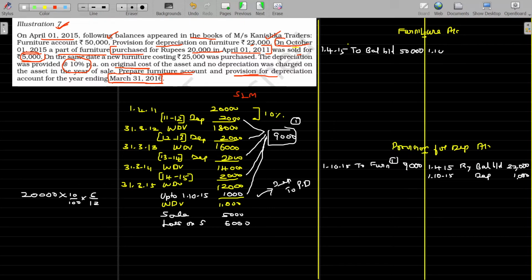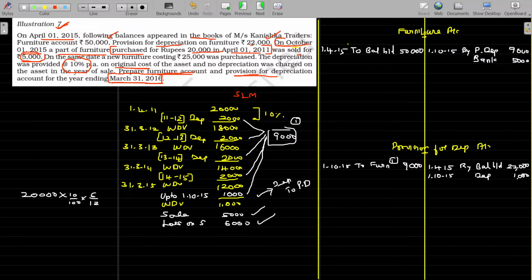So on 1/10/15 by provision for depreciation, that provision for depreciation is credited in the furniture account as on the date of sale, and it's the accumulated depreciation of the asset sold since the date of purchase to the date of sale, which is 9,000. And today it gave us a revenue of rupees 5,000, a cash inflow of 5,000 rupees, so by bank or cash, this value here being 5,000 rupees, bank.